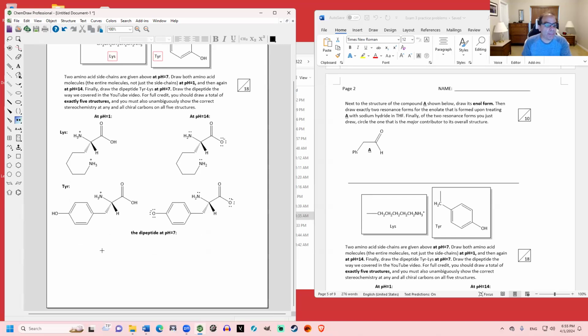And to draw the dipeptide, let me make sure which dipeptide. Tyrosine comes first. So to draw the dipeptide, we'll take first the tyrosine and then the lysine. And we'll form an amide. So there's our tyrosine portion.